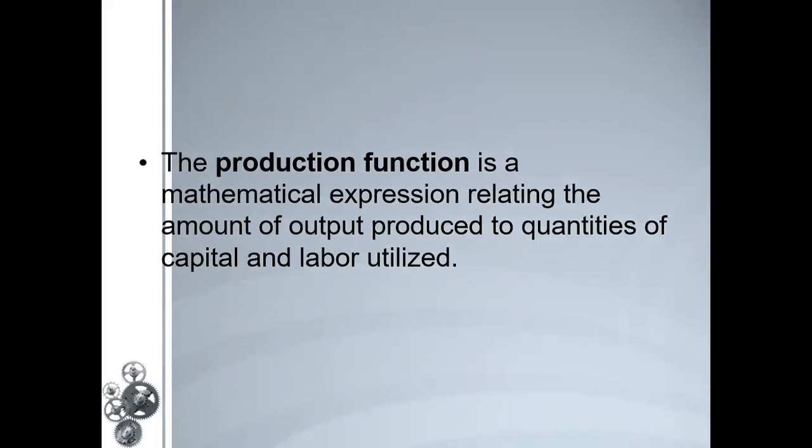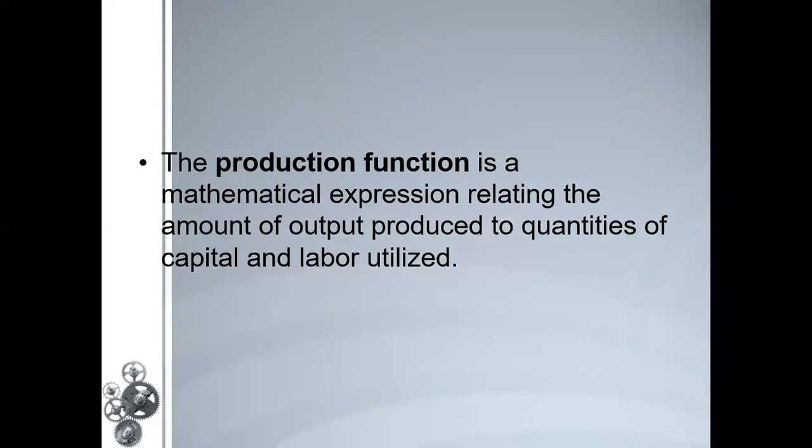Of the various factors of production, the two most important factors are capital, like machines and factories, and labor. The quantities of capital and labor used in production don't completely determine the amount of output produced.